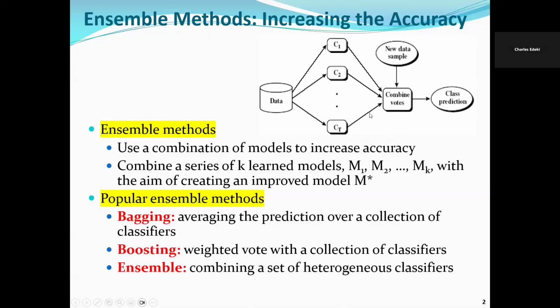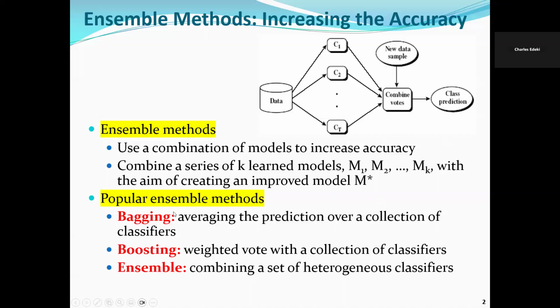Classification will be based on voting, majority vote, and regression will be based on the mean, the average. We are going to get more details on that soon.